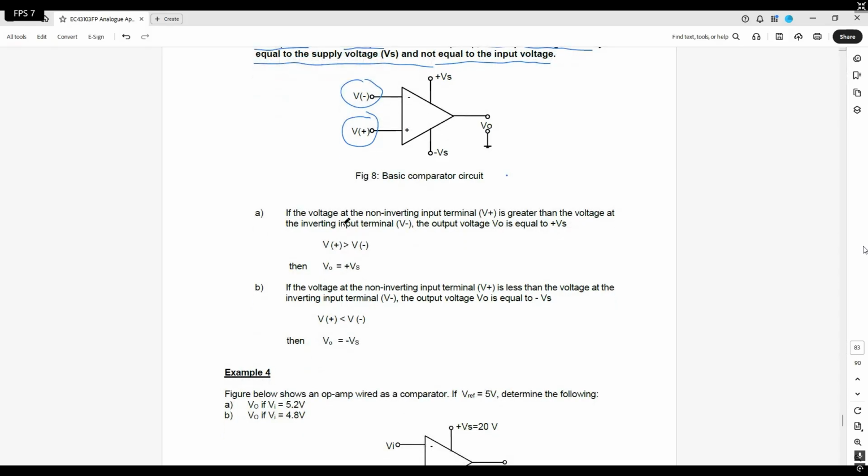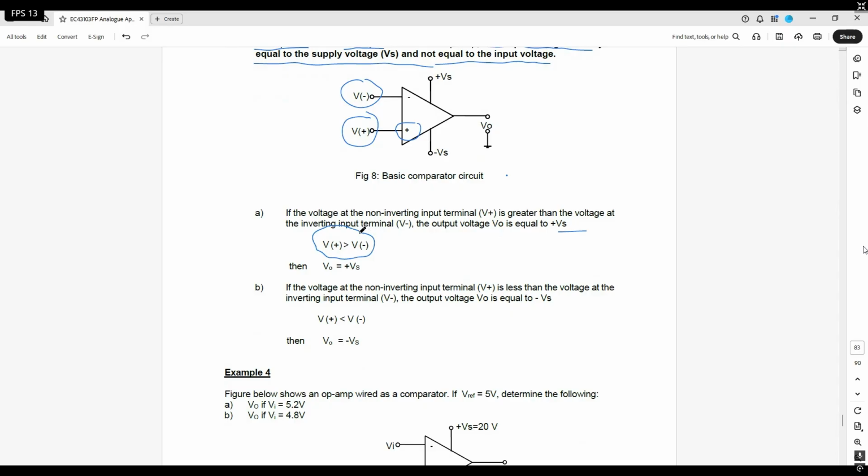If the voltage of the non-inverting input terminal is greater, we're talking about the non-inverting, which means this one, the positive is greater than the inverting, the output voltage equals positive Vs. Okay, this is the condition, because now we are comparing.